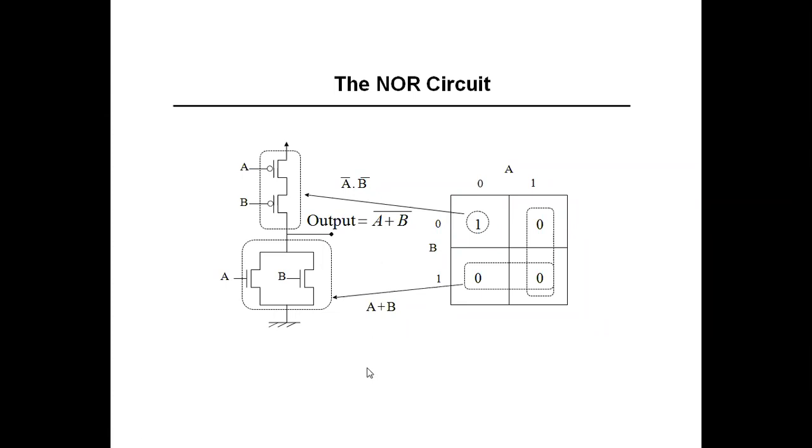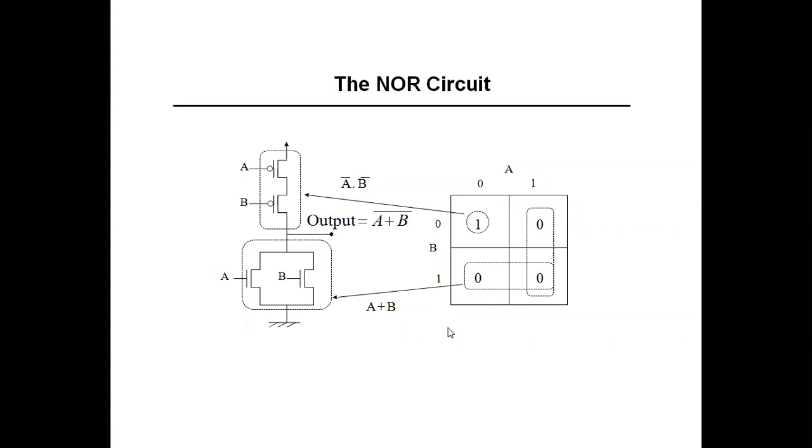So the output is connected with VDD. Why? Because both PMOS are in conduction, and that's why you are getting one as the output.